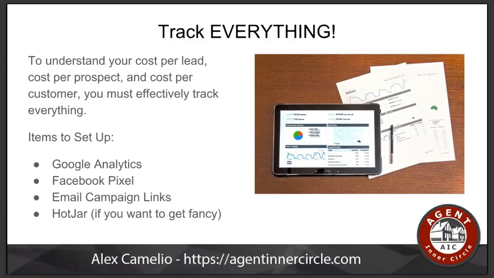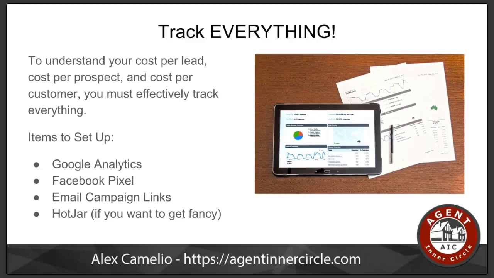Google Analytics is an absolutely incredible and free tracking service that you can hook into pretty much any website or online campaign in terms of tracking data. So absolutely install that into your websites, get that running, and track things accordingly there. The next thing you need to do, if you're going to be doing any sort of Facebook advertising or even some posting through your business page, is set up the Facebook Pixel.